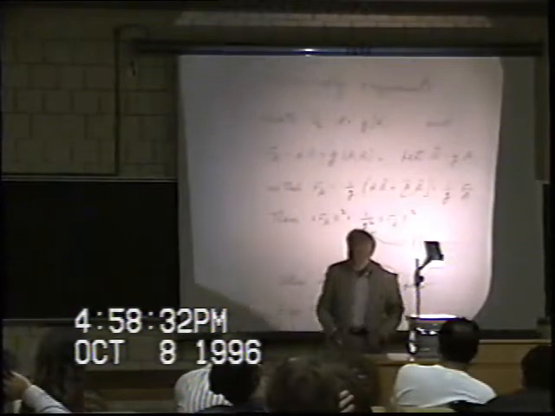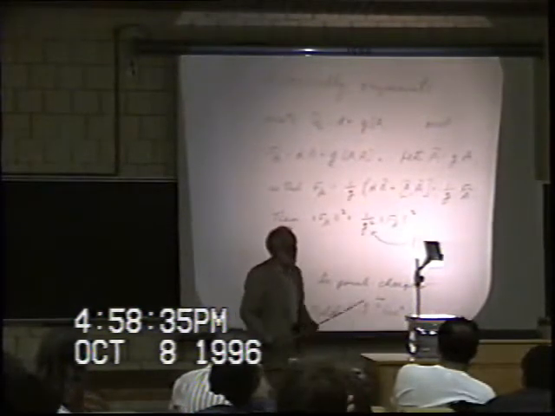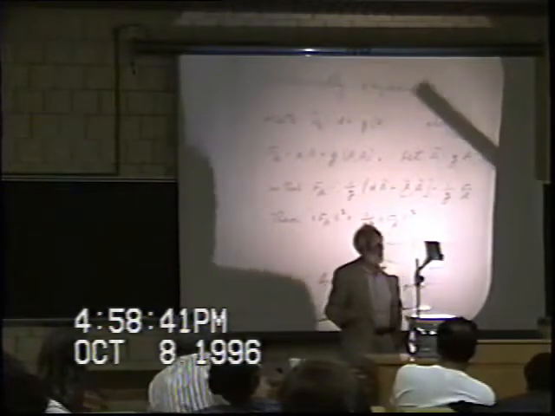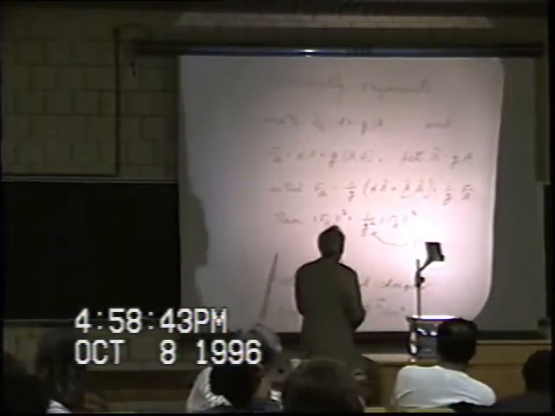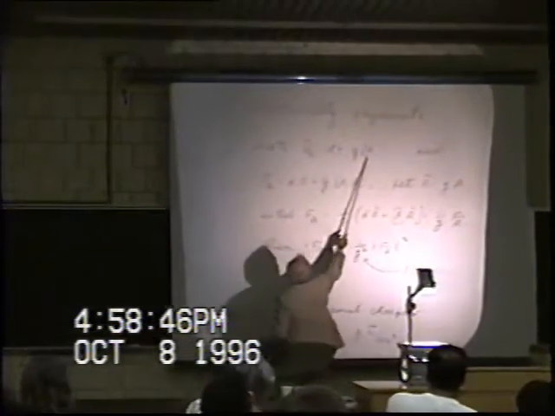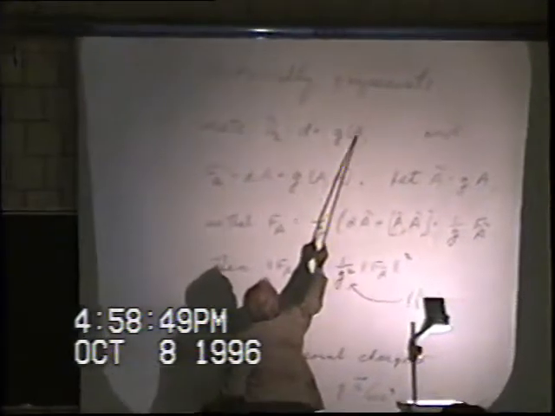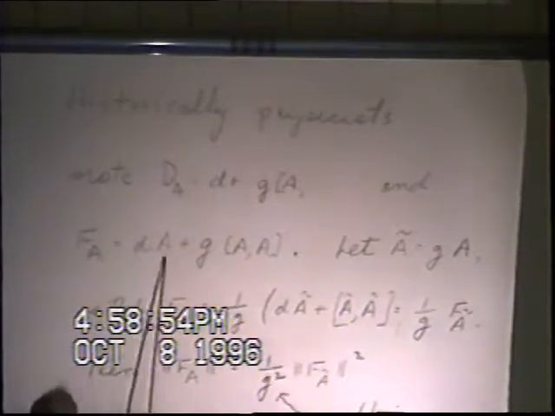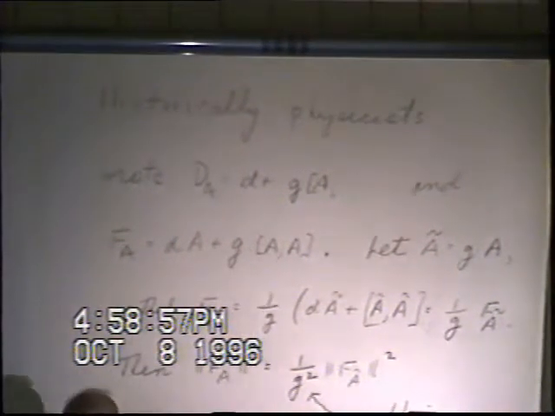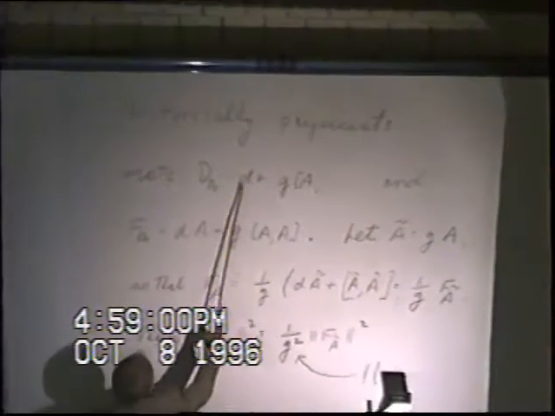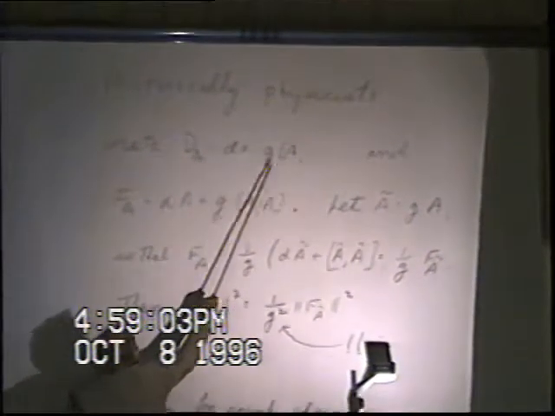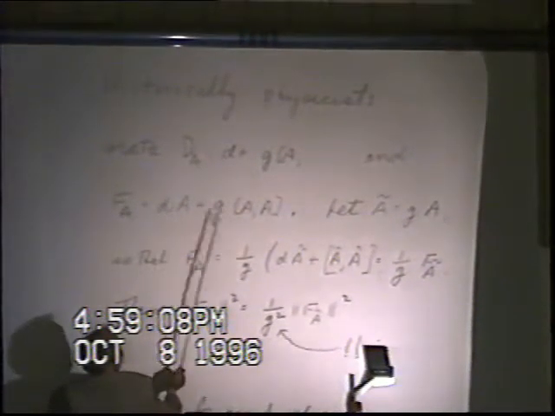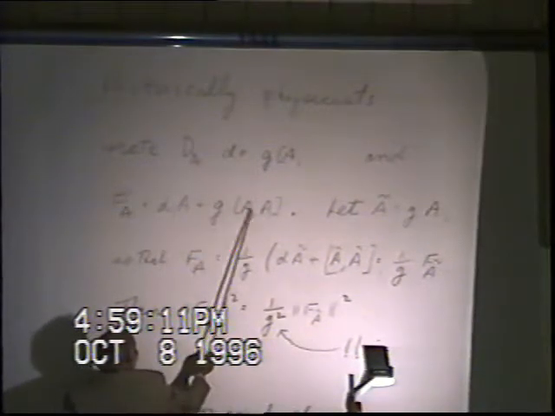Historically, this is before physicists understood what curvature was, they wrote down that the coupling for the covariant differential with a connection A was given by D, not D plus A, or whatever representation of A you're talking about, but G times A. And they wrote the curvature as dA plus G times A bracket A. So they thought what you really want is something linear without the coupling of A, and they wanted the ordinary, like the abelian case, and there should be some coupling when you have a quadratic term.